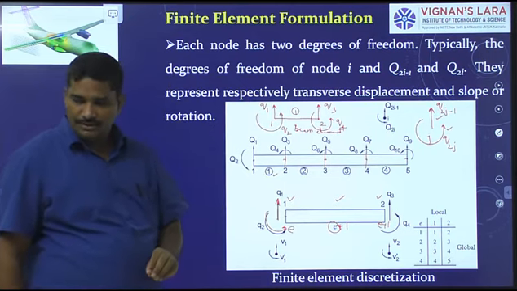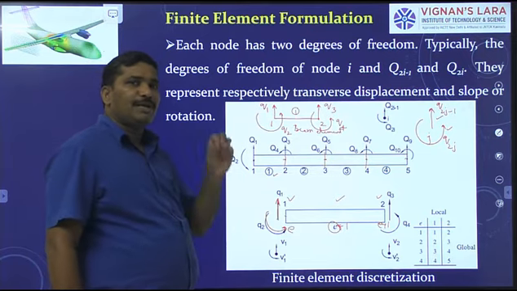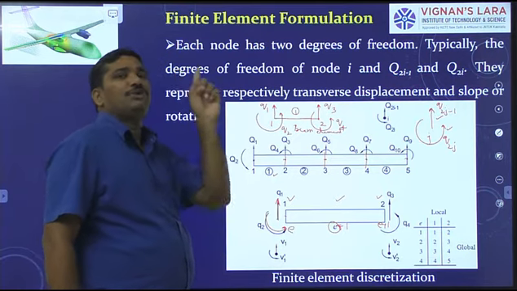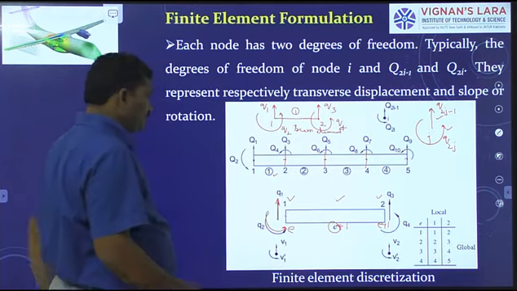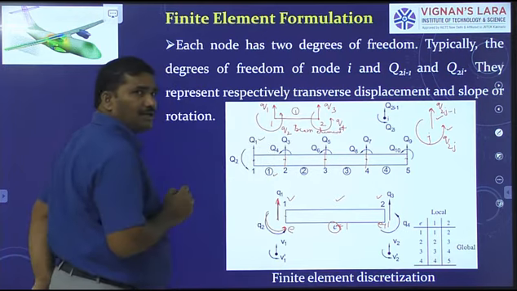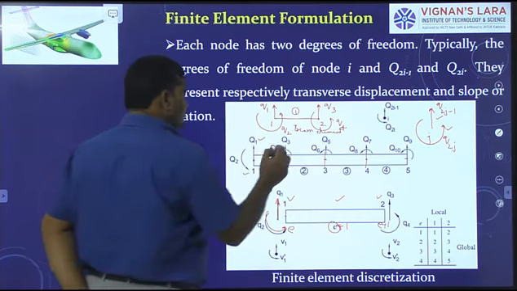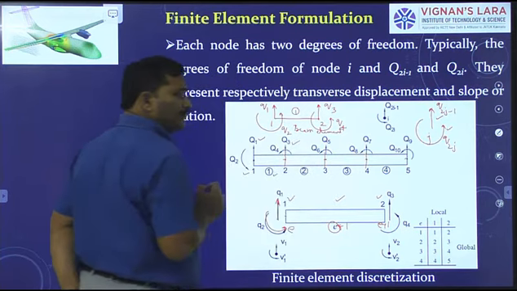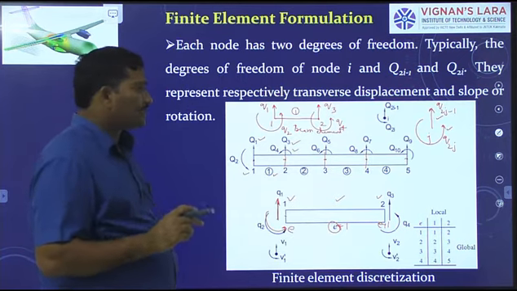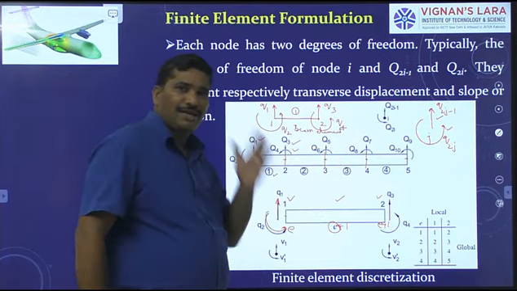Therefore, in the domain, all degrees of freedom at the nodes are represented using capital letter Q. That is what I told you in the previous class. Therefore, here Q1 represents the beam deflection at node 1 and Q2 represents the slope. Similarly, Q3 represents the beam deflection at node 2 and Q4 represents the slope. Each node has 2 degrees of freedom. All element numbers are encircled, as I said.